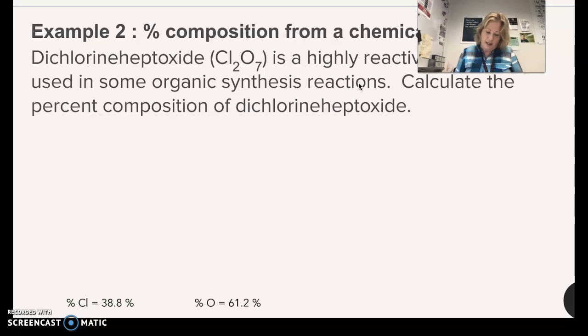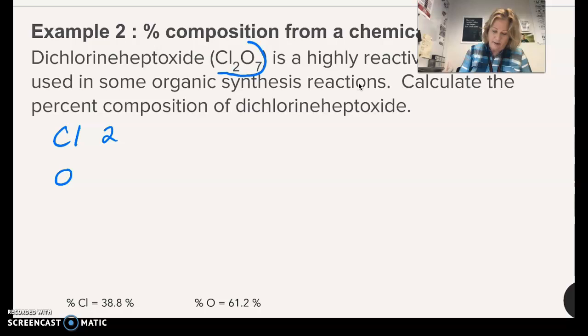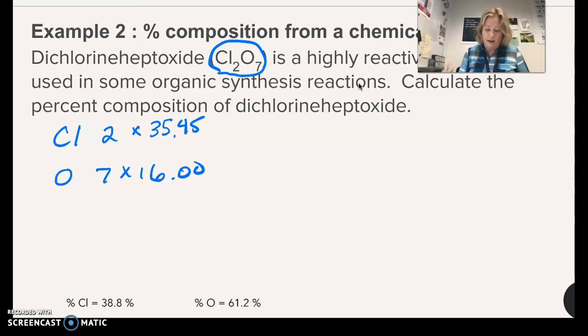This is dichlorine heptoxide, and what we want to do is calculate the molar mass first, always. You can see that in this compound I have 2 chlorines and 7 oxygens. On my periodic table, the molar mass of chlorine is 35.45, oxygen is 16.00.